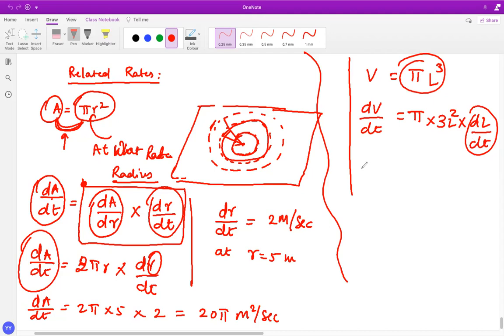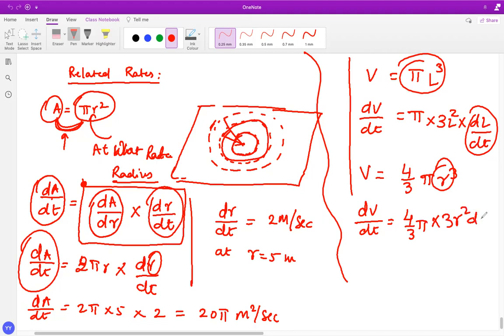Now, another example, let's say the volume of a sphere is 4 over 3 pi r cube. And I wanted to introduce the time factor here, which is dV by dt. It will be 4/3 pi, that is constant. I would just differentiate r cube, which is normal, 3r square times, and I differentiated r, so that's just dr by dt.